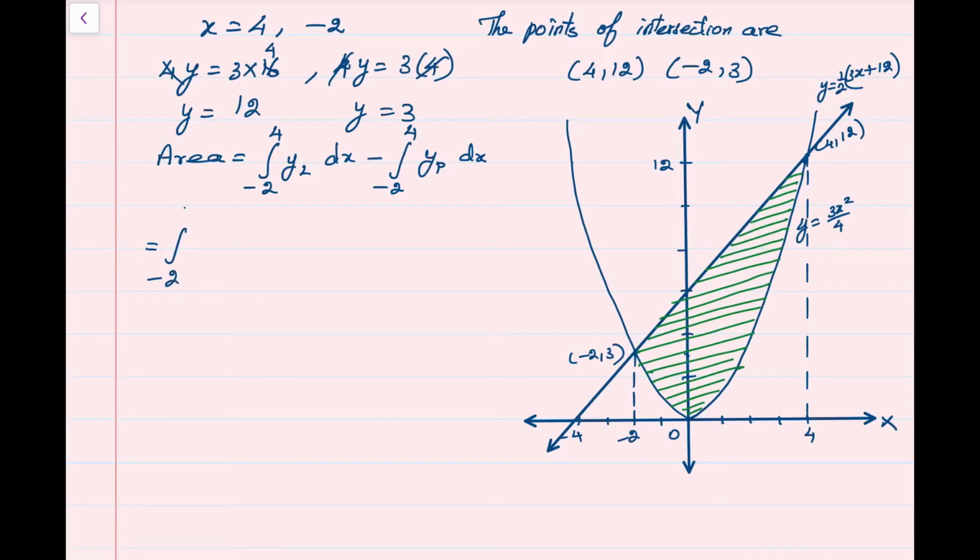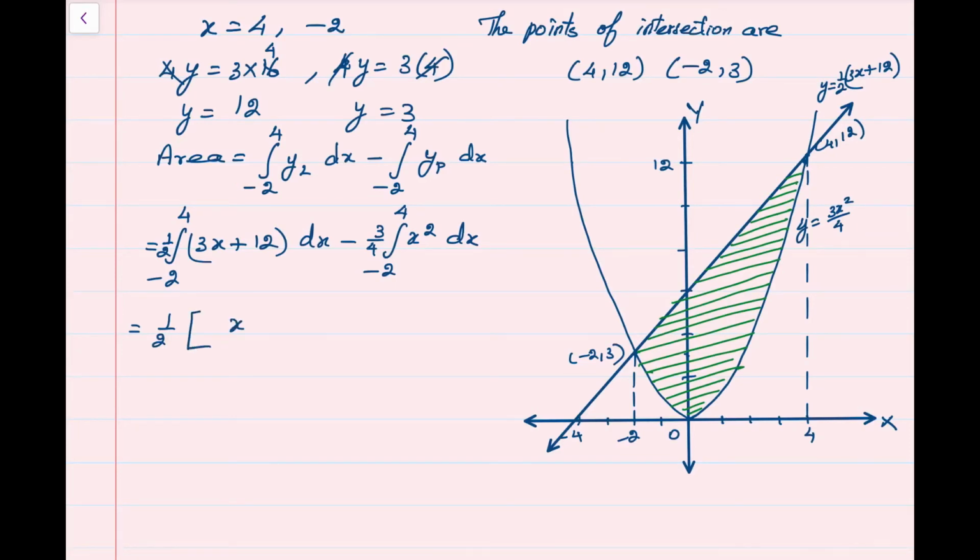Integral minus 2 to 4 of, from the line equation, y is half into 3x plus 12 dx minus integral minus 2 to 4 of y from the parabola equation is 3 by 4 times x square dx.